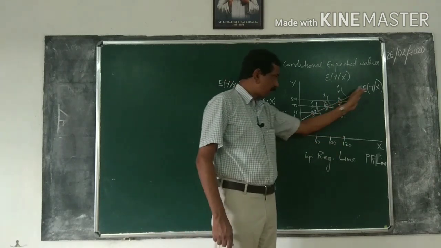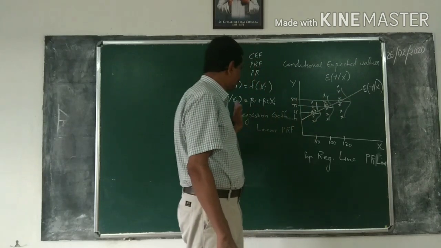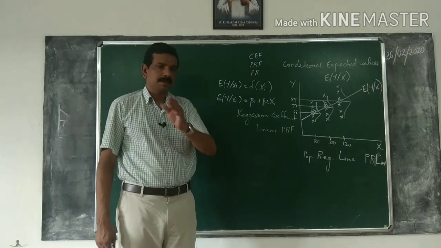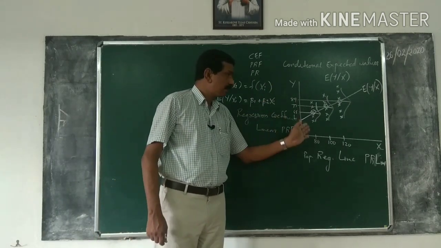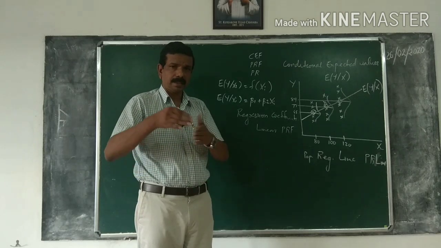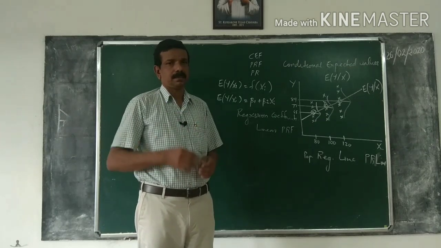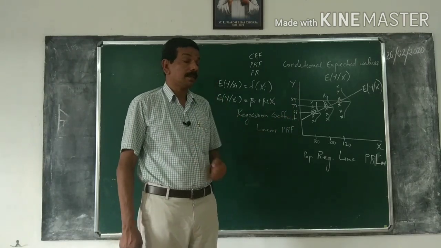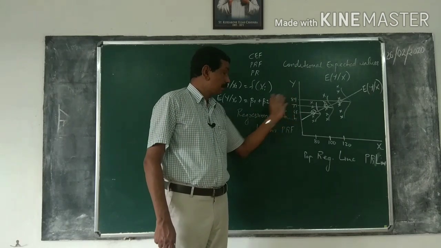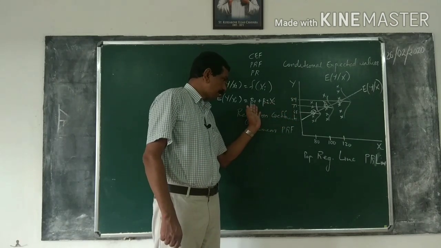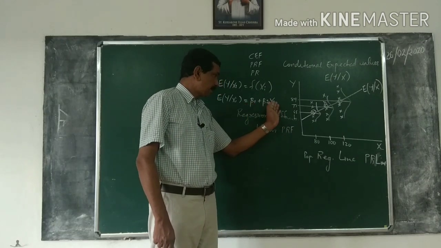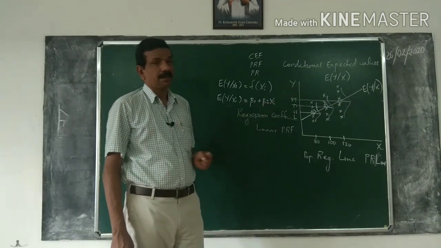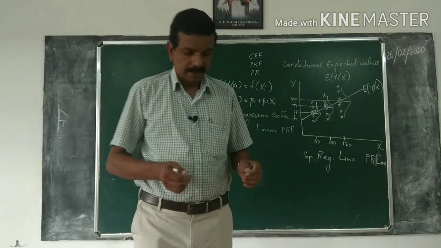You join together these points with a line, you have the PRF. The problem is, you will never know the population. In any case, you will have only a sample. So you have to use this sample to make inferences about the population regression function, the parameters beta 1 and beta 2. That will take us to the field of the sample regression function.